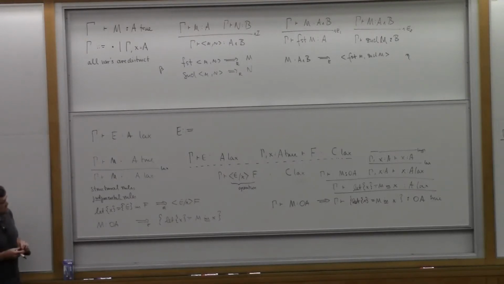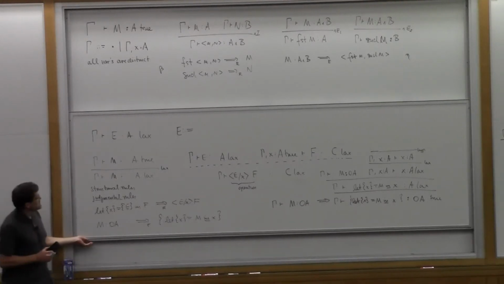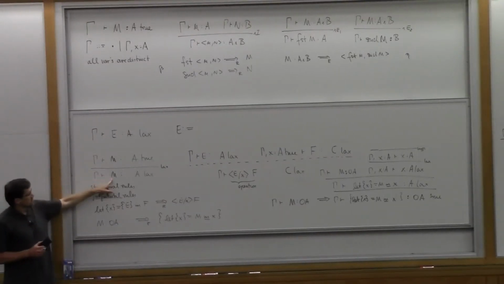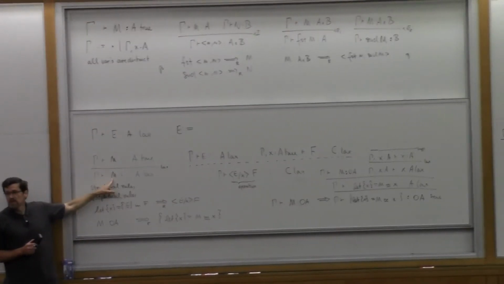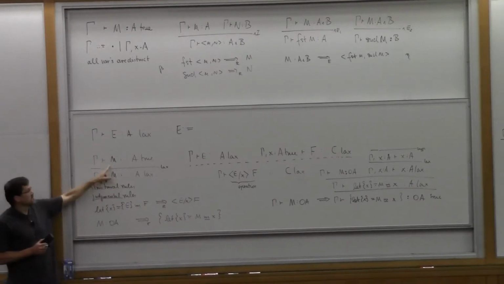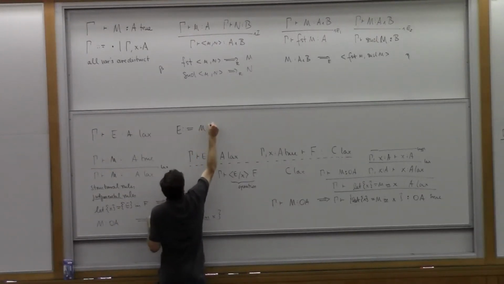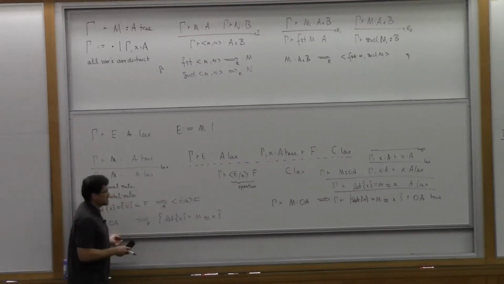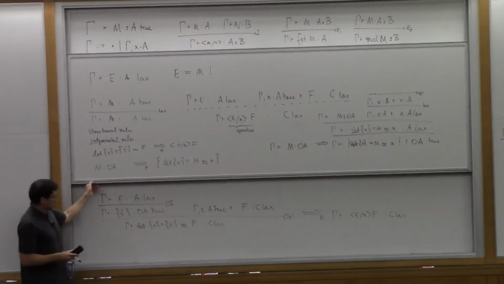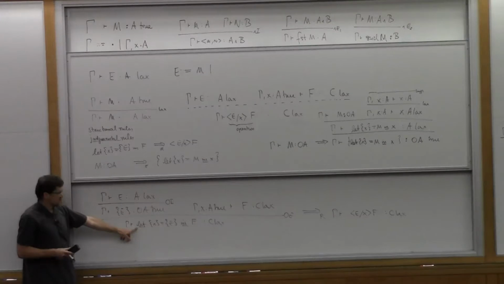One possibility is that it's just a term, right? That comes from this rule. Because a term counts as evidence, a term is a kind of trivial computation. So one of the possibilities is that it is actually a term M. And there's one other possibility, which is that it's one of these let things, which comes from here.